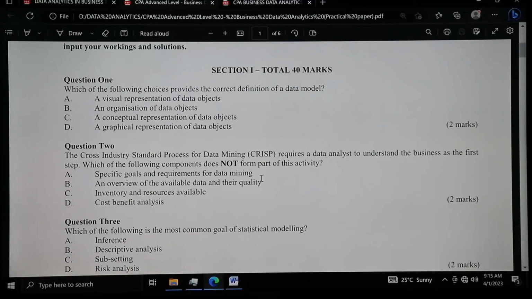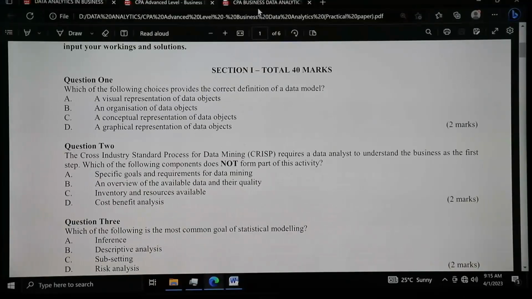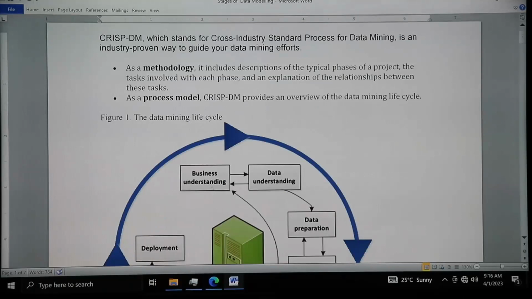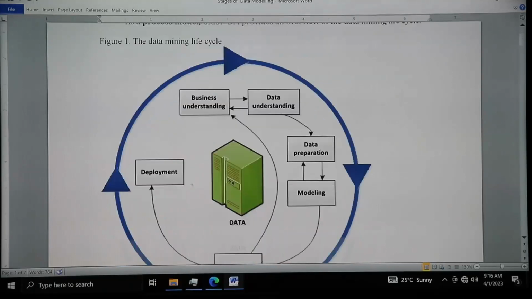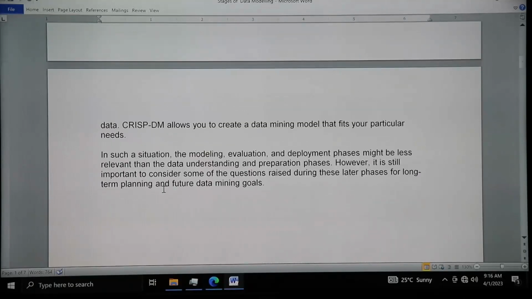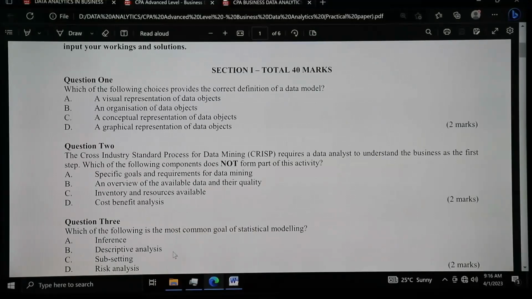That is, which of these will not form part of understanding the business? We start with business understanding. I have not expounded more on what business understanding is all about, but you need to check which activities a person needs to do to understand the business.